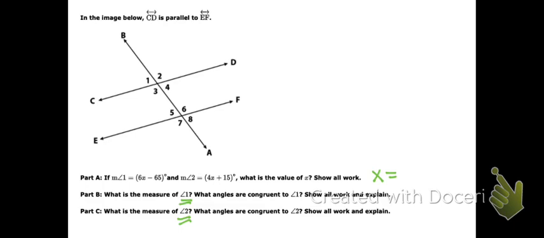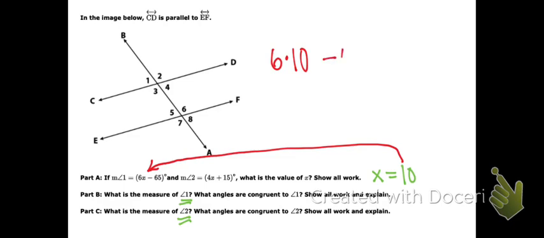So let's say x equaled 10, which it doesn't, but just for example, let's say you solved it and found out x equals 10. You would take that and substitute this in. It would be 6 times 10 minus 65, and see what that is. That would be the measure of angle 1.